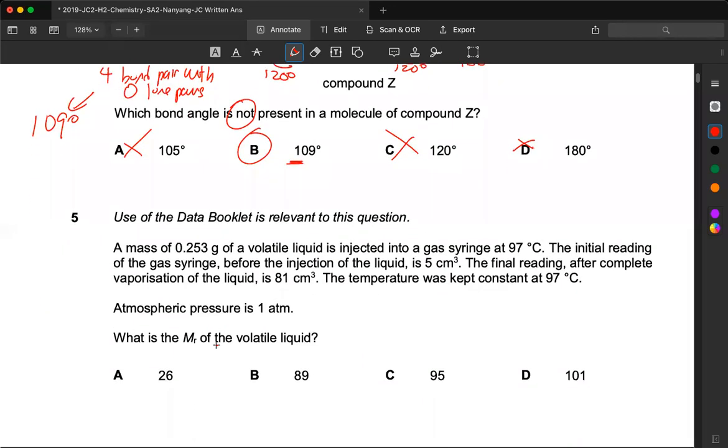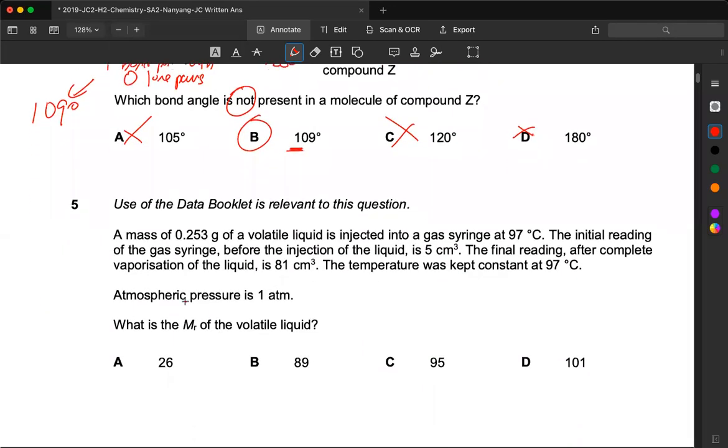Now, the next question is on ideal gas. You have a mass of 0.253 grams of volatile liquid injected into a gas stream at 97 degrees Celsius. Initially, before the injection, the volume was 5 cm3. After the vaporization, it became 81 cm3. Be careful, the 5 cm3 is due to the air particles already present.